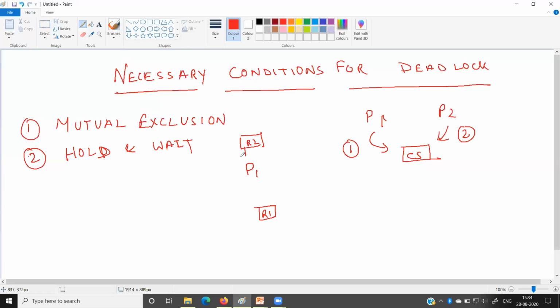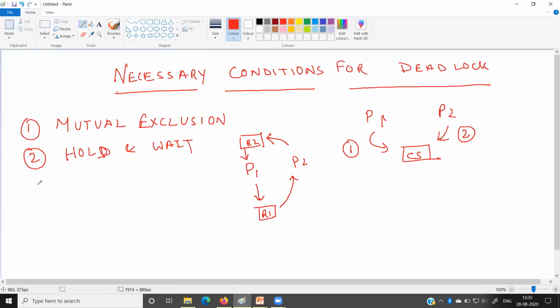So resource R2 is already assigned to P1 and P1 is requesting R1. Similarly, P2 already holds the resource R1, but it is requesting R2. So if a process is waiting for some resources while holding other resources, then the deadlock will occur. That is another condition for deadlock.